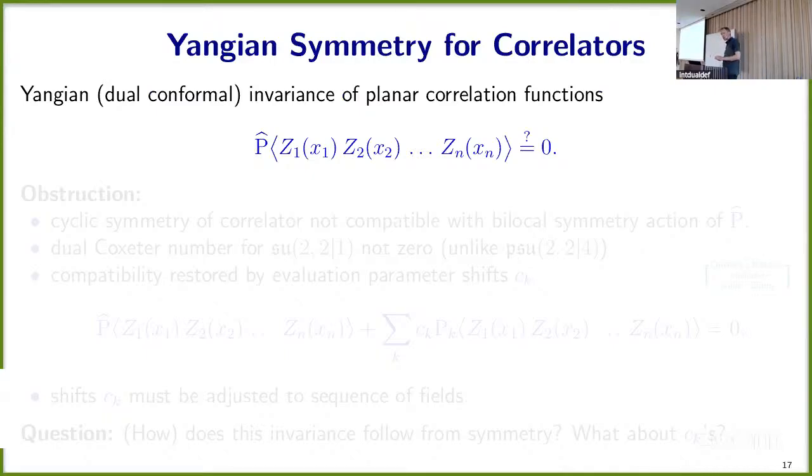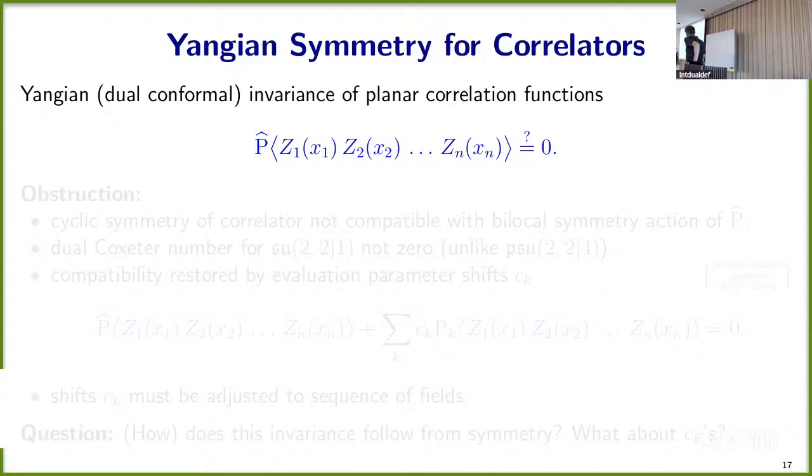Well, in terms of Yangian symmetry, correlators were shown to have this Yangian symmetry. You have a correlator of some fields at different points in space-time, and you impose also the planar limit. That is, you have a certain ordering of these fields around your trace.